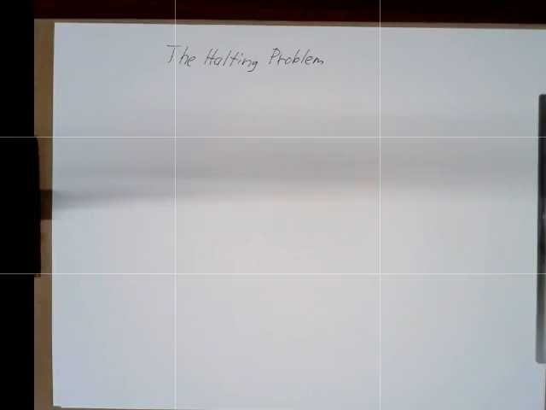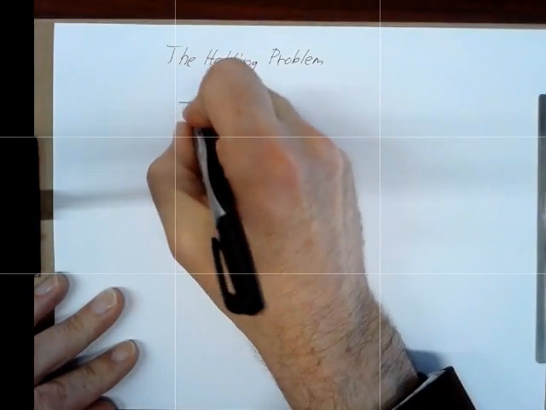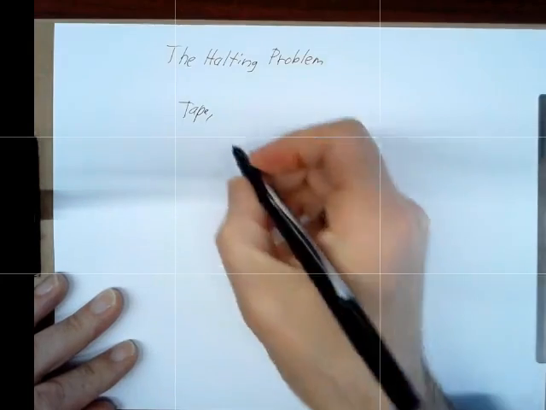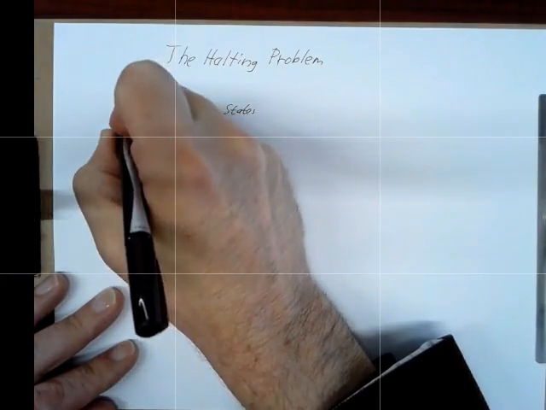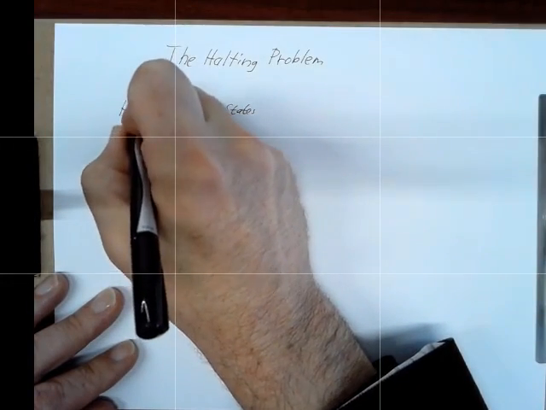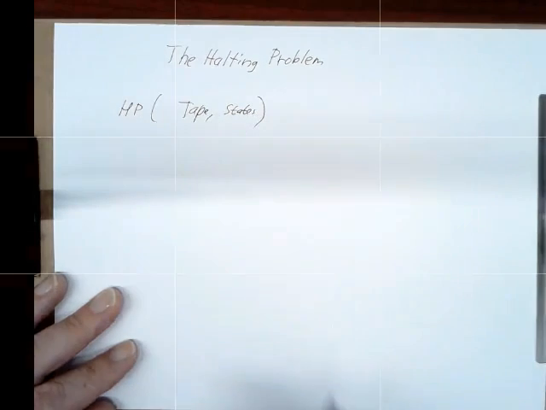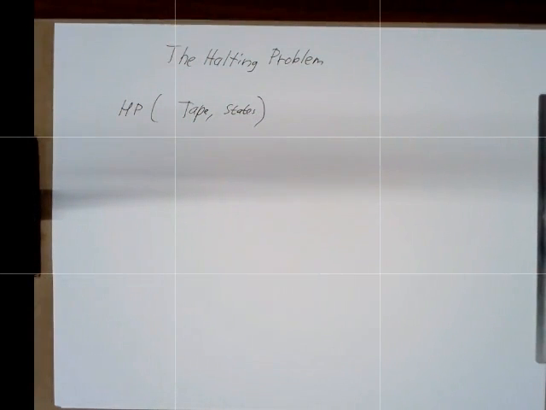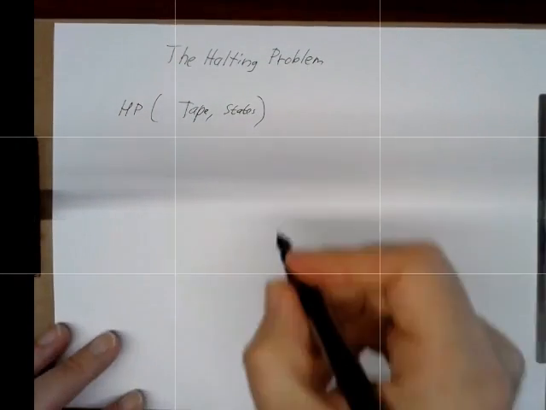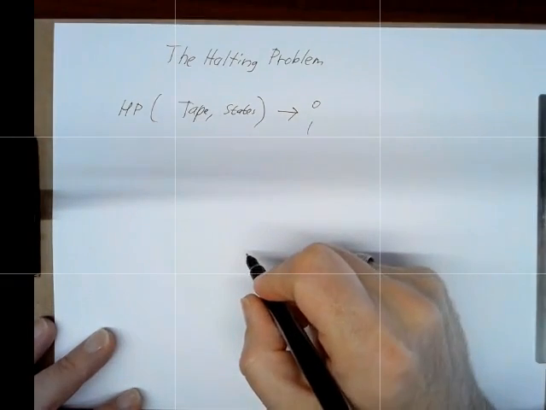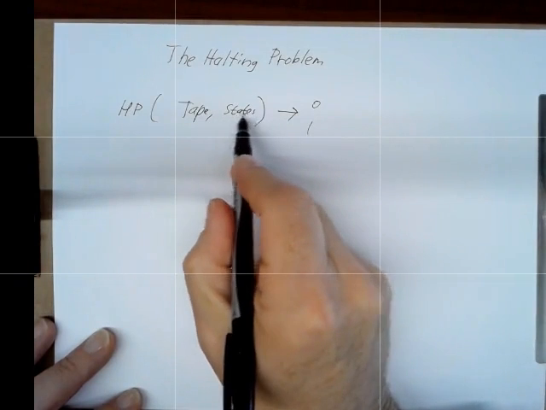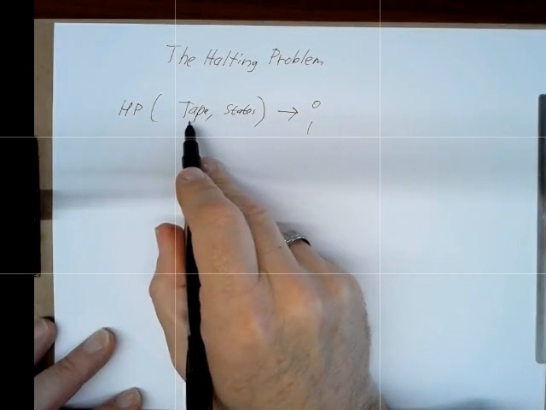And so the halting problem is, given a program, so given the contents of the tape, and given the set of states, can we write some program, let's call it HP, that ingests those two pieces of information, the contents of the tape and the collection of states, and returns either a 0 or a 1, telling us whether or not this program will halt when it's fed this tape.